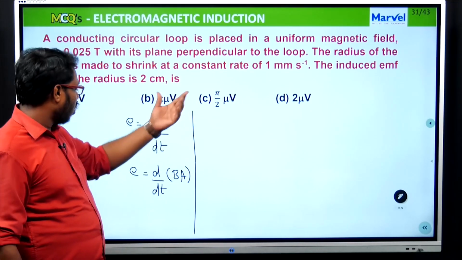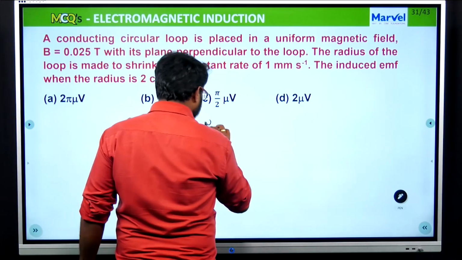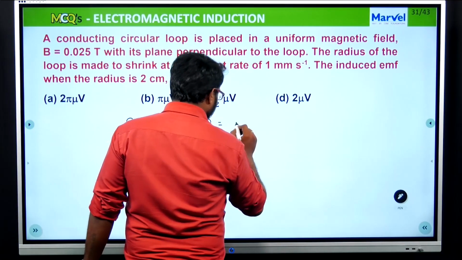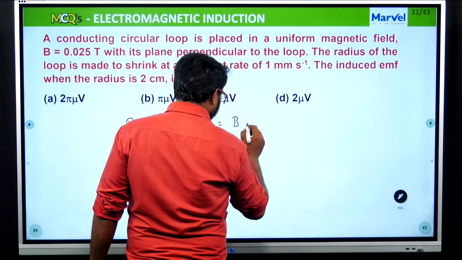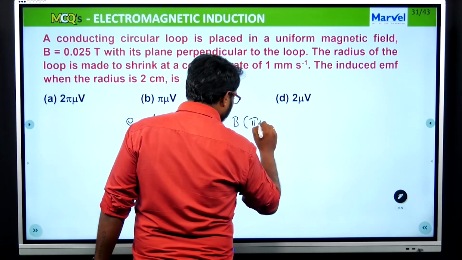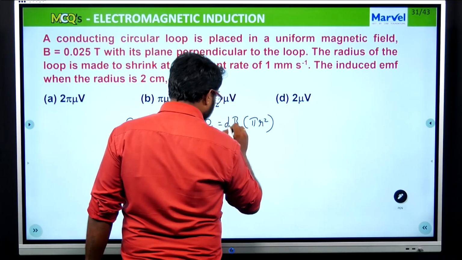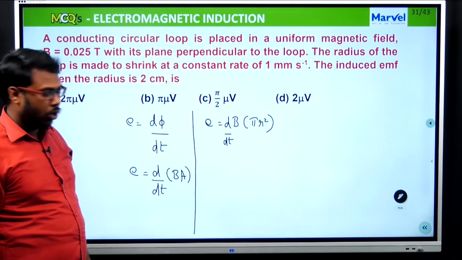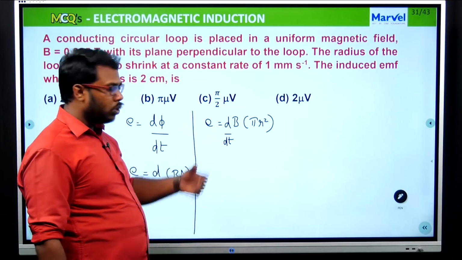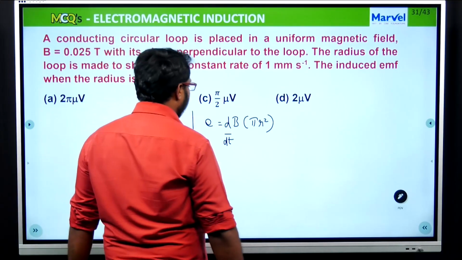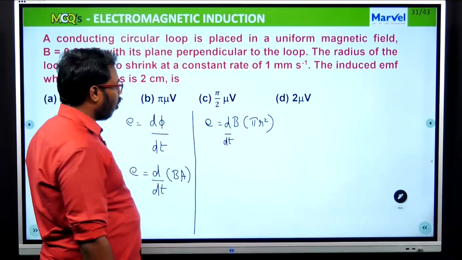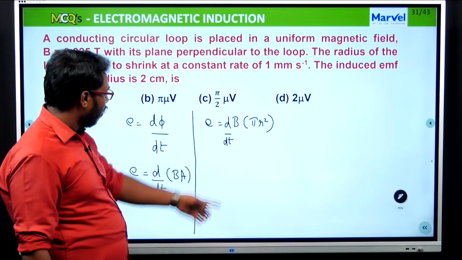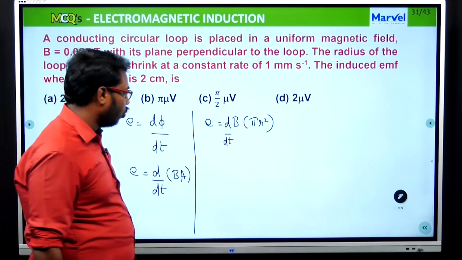So now listen, E = d/dt of B π R², where π R² is the area of the loop. Now I am going to differentiate this, whereas the magnetic field falling on the loop remains the same, only the radius is going to change.